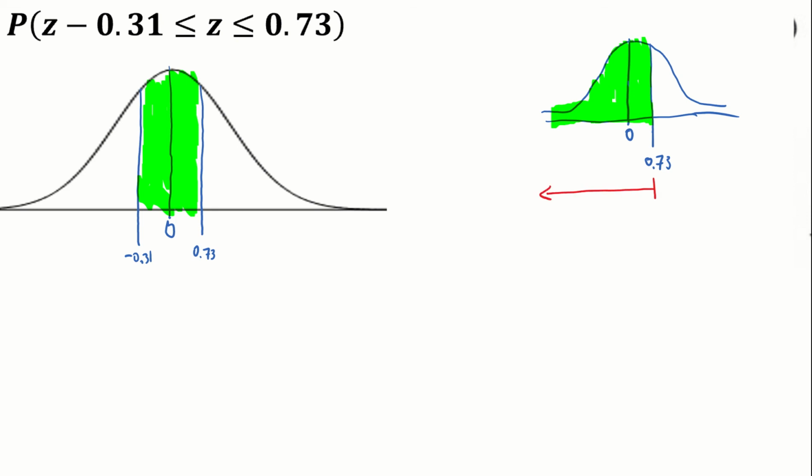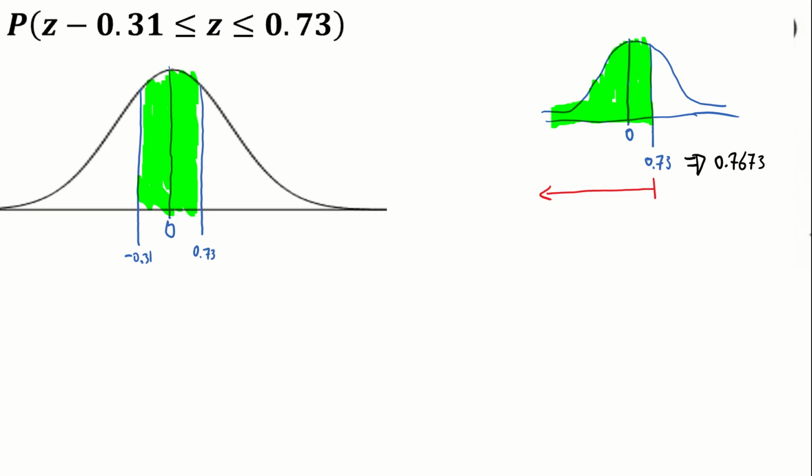So if I go to my log tables and find 0.73, that's my Z score, and that is giving me a probability of 0.7673. That's the probability of being to the left of 0.73.